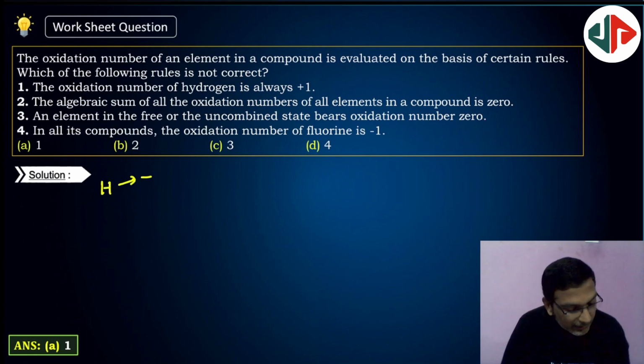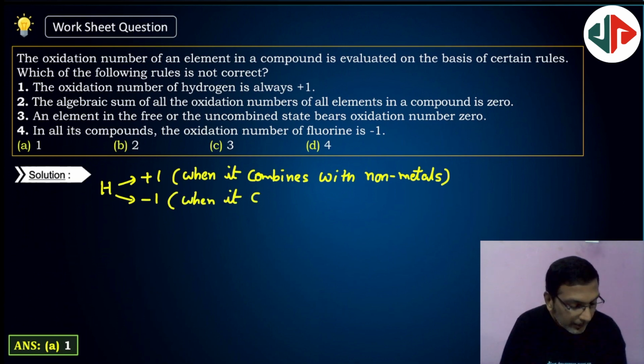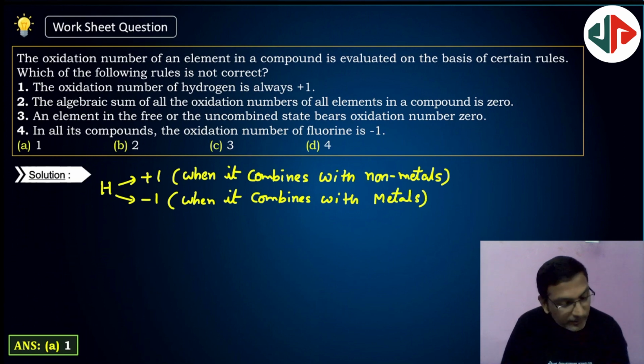For hydrogen, two oxidation states, plus 1 and minus 1, when it combines with non-metals, and when it combines with metals. Therefore, statement 1 wrong.